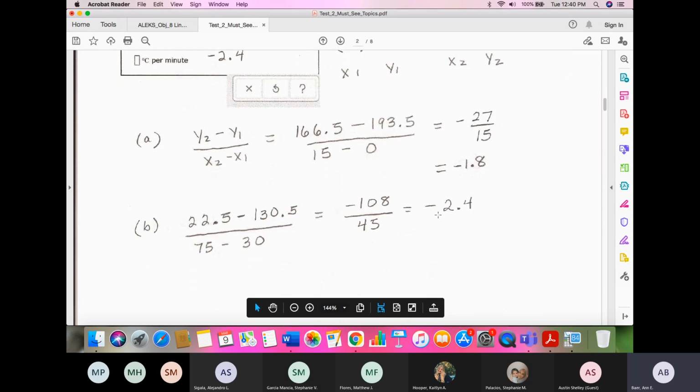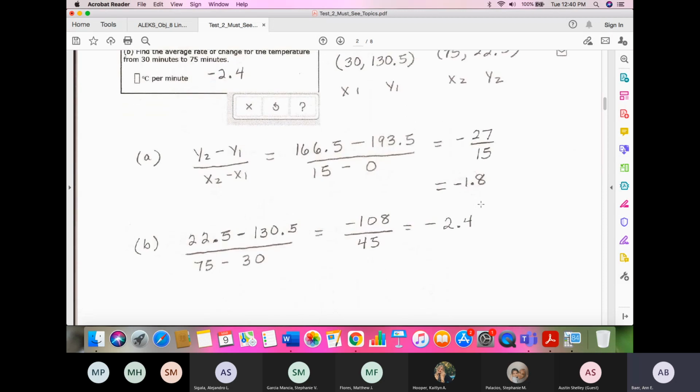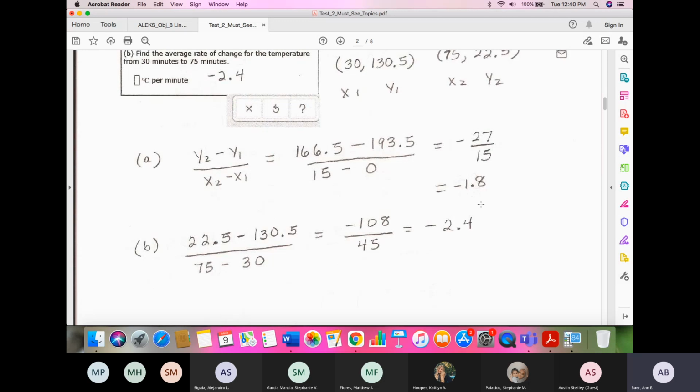Do this calculation, write it in decimal form, and get negative 2.4. So that was the average rate of change for part B. Any questions on this particular topic?